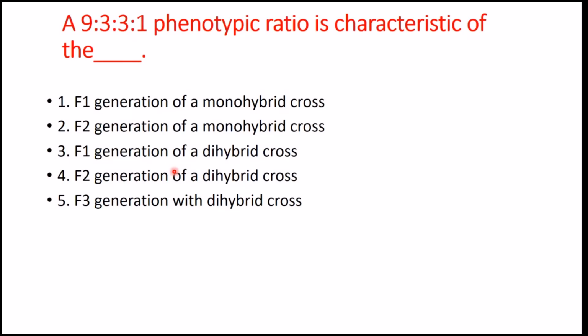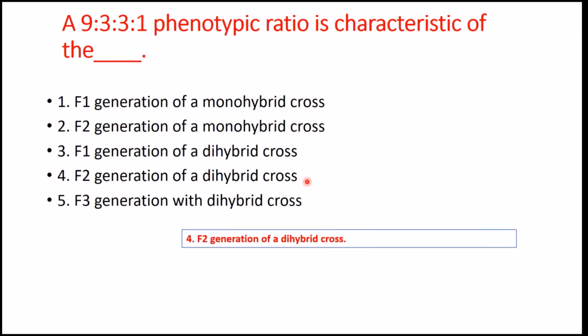This 9:3:3:1 phenotypic ratio is characteristic of number 4, the second filial generation of a dihybrid cross. F2 generation of a dihybrid cross. In a dihybrid cross, 2 different traits are considered.